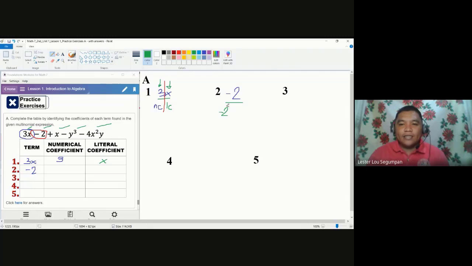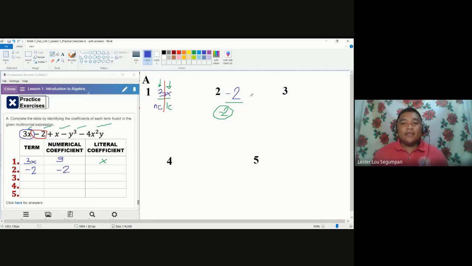Again, it takes the negative sign with the numerical coefficient. So our answer here is negative 2. As for the literal coefficients, as you can see, there are no variables placed beside the term, negative 2. In short, there's no literal coefficient here.